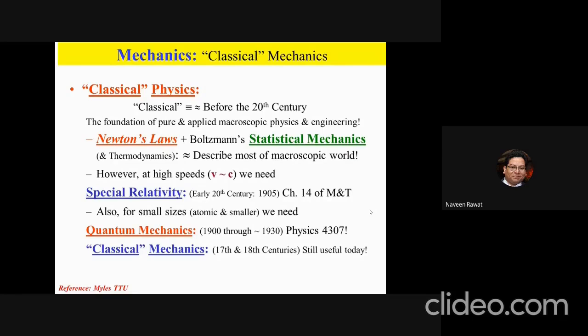Essentially, Newton's laws and statistical mechanics go a long way in dealing with a lot of systems around us in the macroscopic world. So when we want to look at how particles are moving in a solid, how waves like sound waves are getting generated, or how light interacts with a solid, we'll be using all these laws.